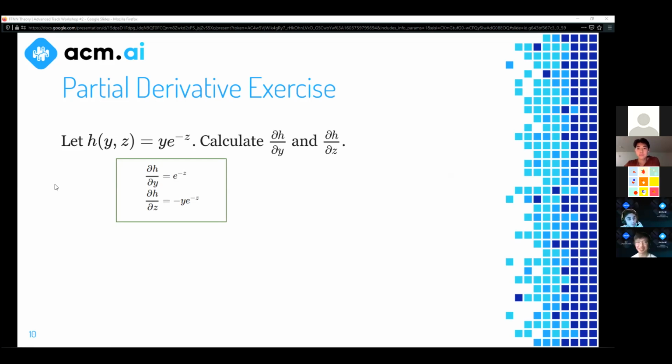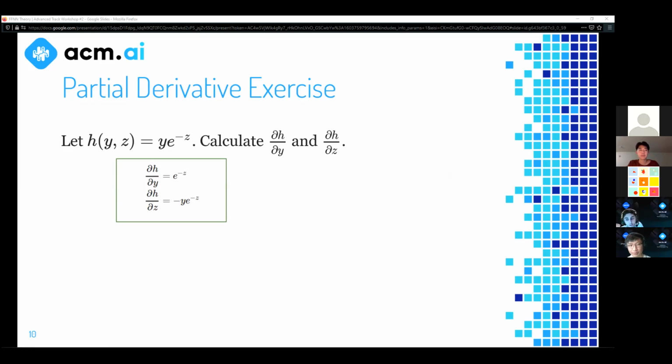Perfect. Thank you. Just to make sure that's clear to everyone: in the first one, the quantity e to the negative z is a constant. So pretend it's the number 5. If you differentiate 5 times y, the y goes away and you're just left with that constant.